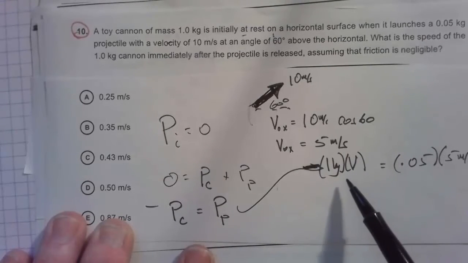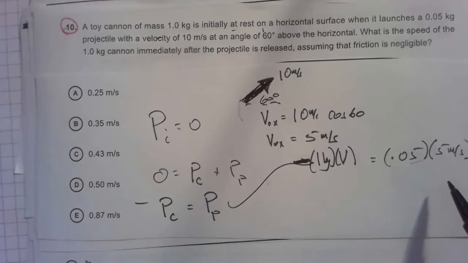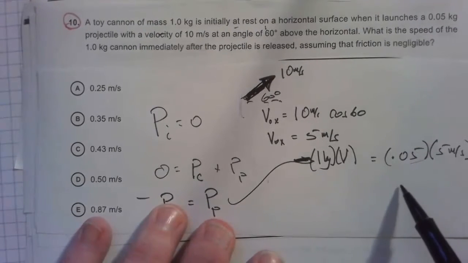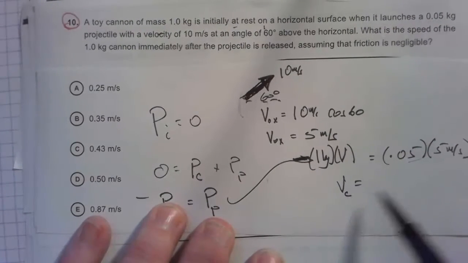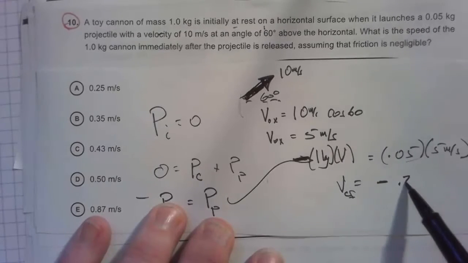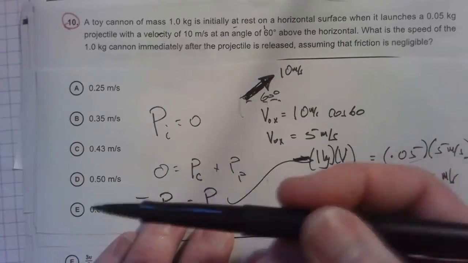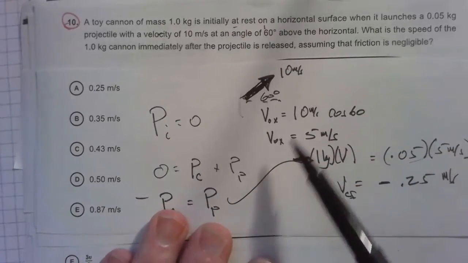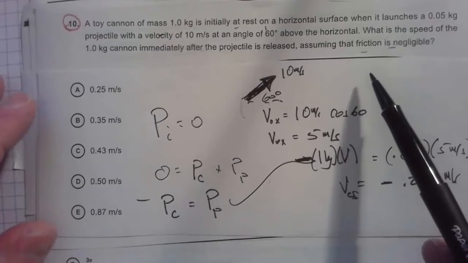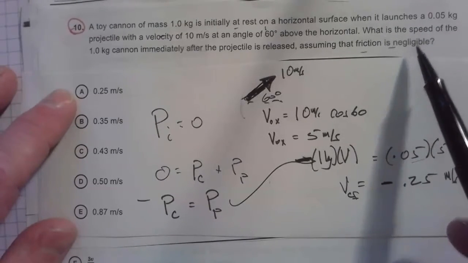So if I do these two times each other, that's going to be 0.05 times 5, 0.25 divided by 1. So it's just V final for the cannon should be, V cannon final should be negative 0.25 meters per second. Recoil backwards. They just want the magnitude, I guess, or speed. Say speed, so that doesn't matter. So I would say A. Let me just double check the answer, and I'll be right.